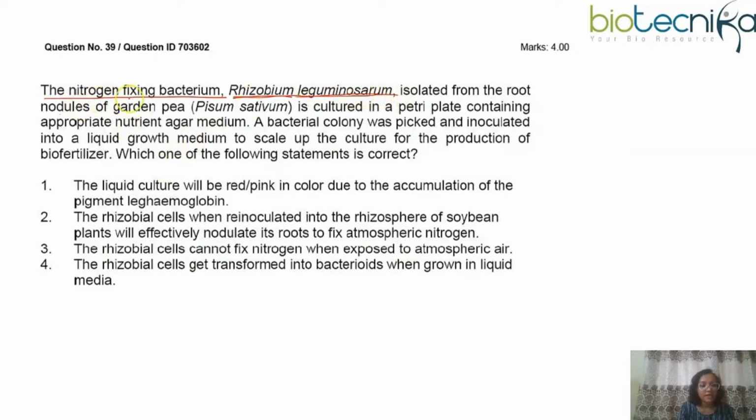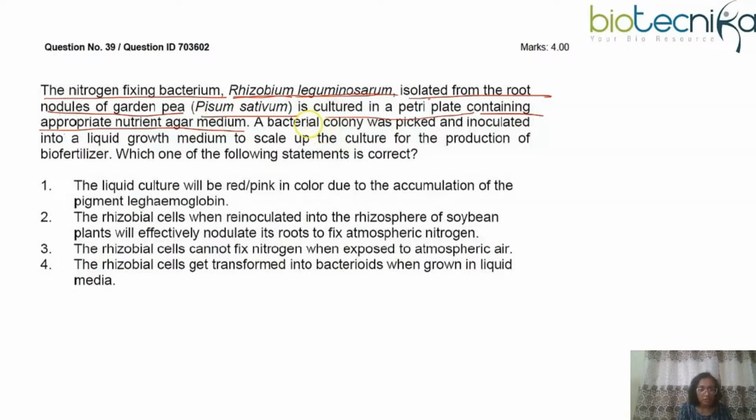Next, the nitrogen fixing bacterium Rhizobium leguminosarum, isolated from the root nodules of garden pea plant Pisum sativum, is cultured in a Petri plate containing appropriate nutrient agar medium.